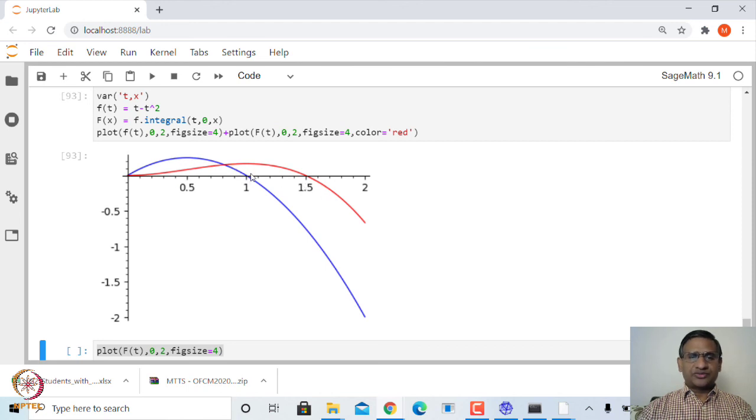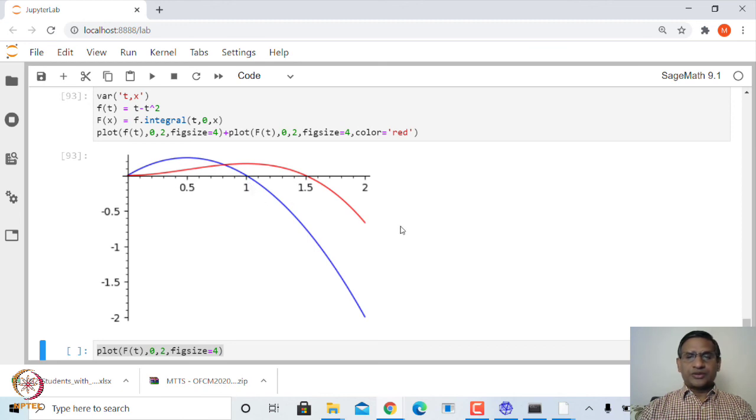You can see at this point small f goes negative. Before that, the indefinite integral, that is the area capital F(x), goes on increasing, whereas the moment the function becomes negative, capital F(x) starts decreasing. That is the point.